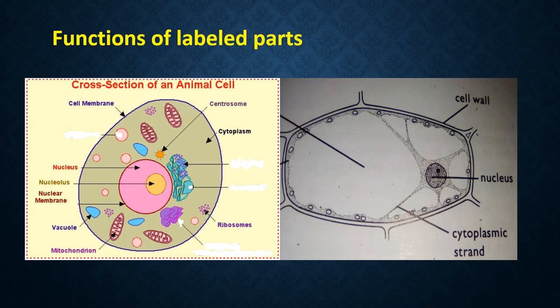The breakdown of food to generate energy for the cell, for the body, is done by the mitochondrion. You can see that there are so many mitochondria here compared to here. So you here generate more energy than the energy required in there. But they are also here, though we are not seeing them as per today.